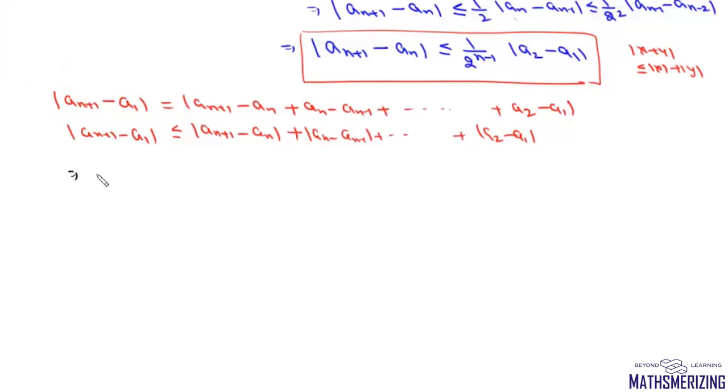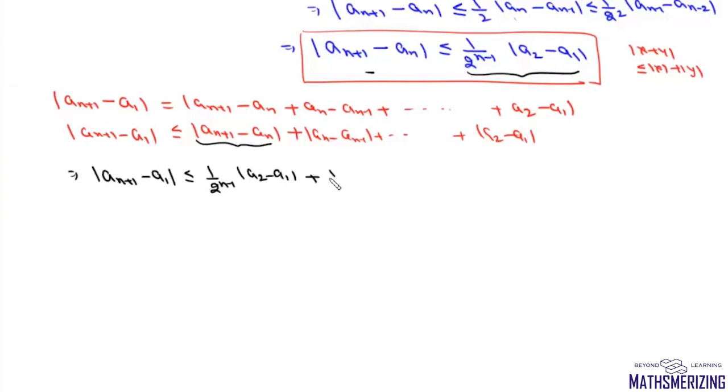So we can write this as: mod of a_{n+1} minus a_n is less than or equal to 1 upon 2 to the power n minus 1 into mod of a_2 minus a_1.